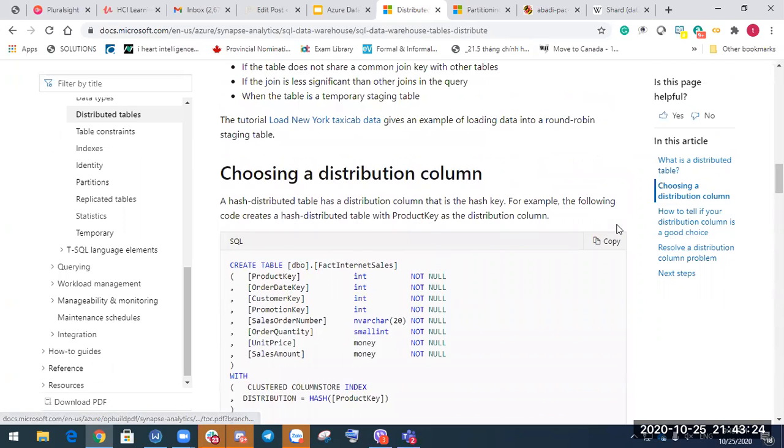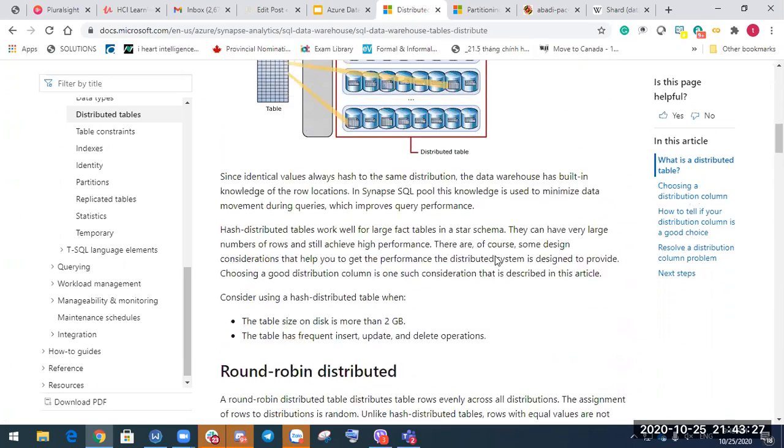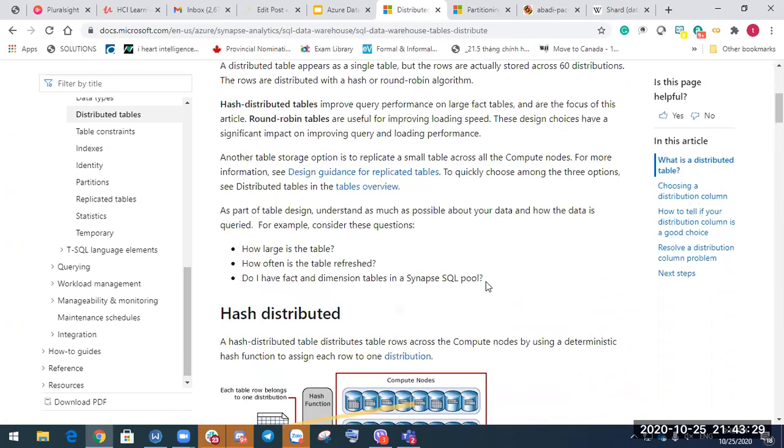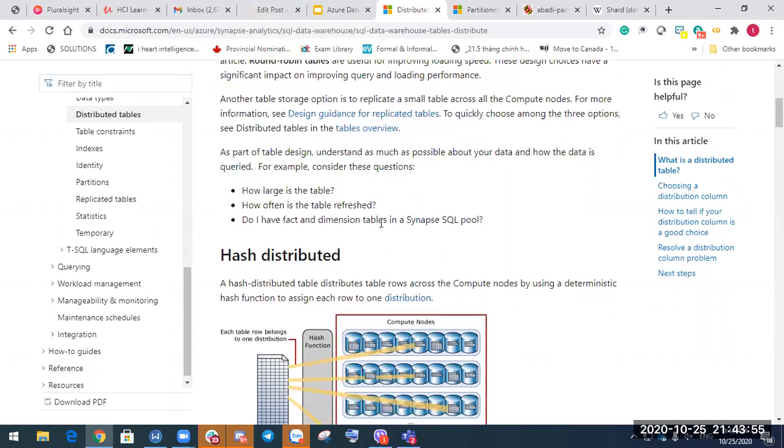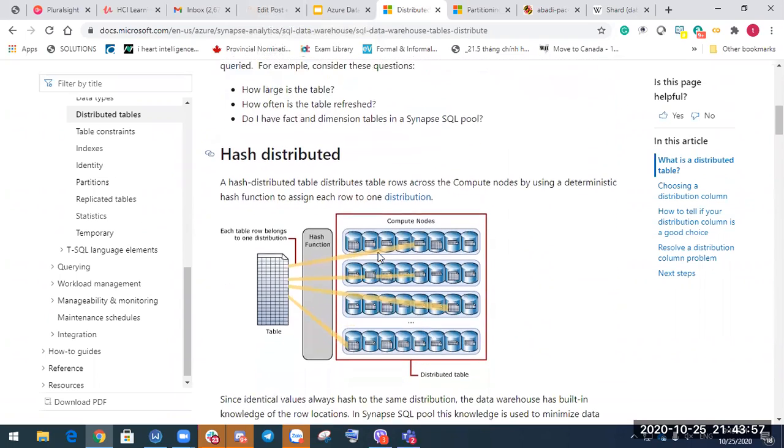Okay, let me go over from one to the other. When you distribute the table, remember you need to ask how large the table is, how often the table is refreshed, and whether you have a fact or dimension table. Remember, fact or dimension table, I already wrote the keyword for you in the relational database 101. This is a concept in relational or non-relational databases, so please remember to go over it.